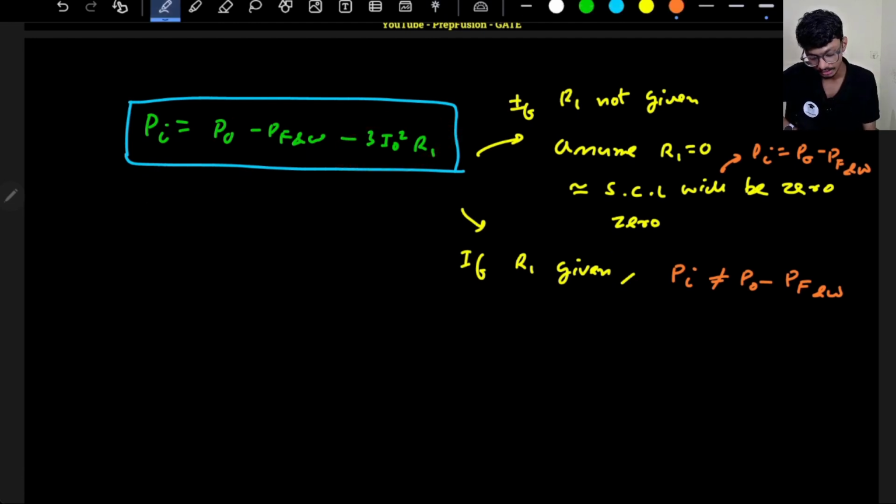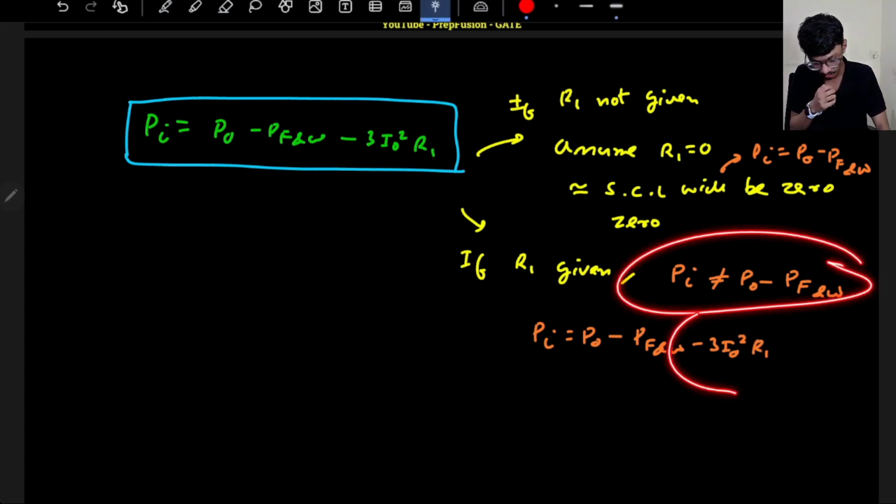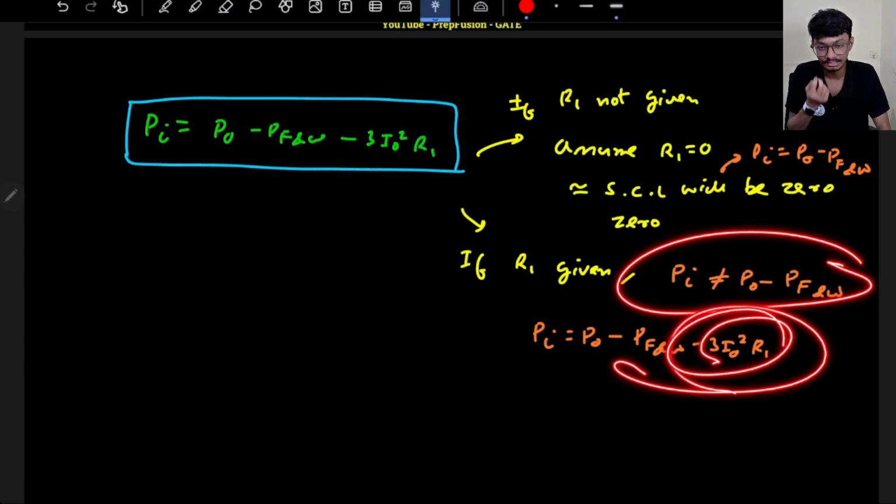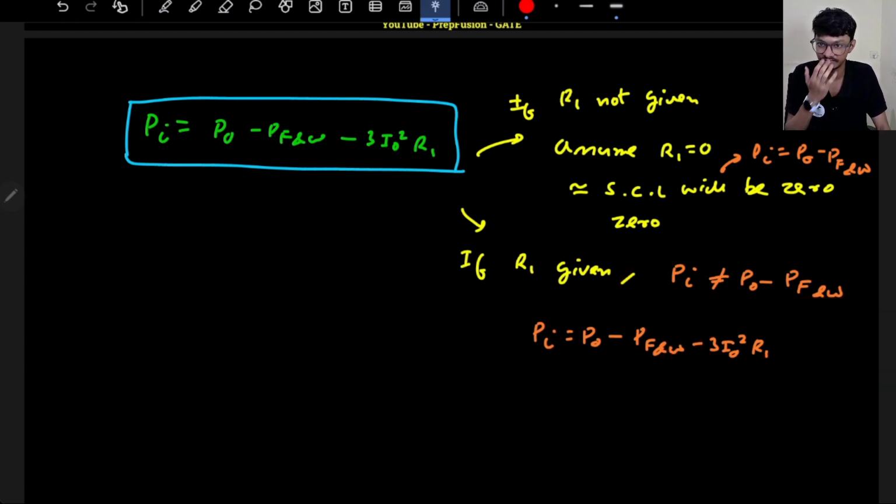Your Pi will be equal to Po minus friction and windage loss minus 3 I naught square into R1. I've seen many educators in many places just directly write the first one, without even looking at the fact that I naught and R1 are considerable, so your Pi will change. So just be careful regarding that.